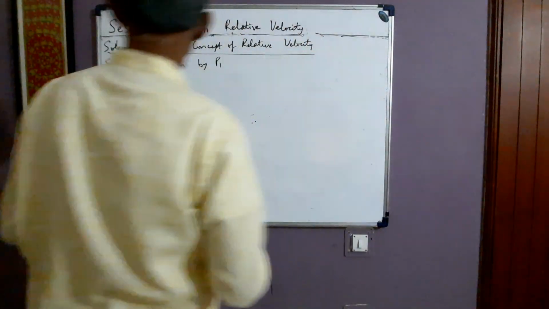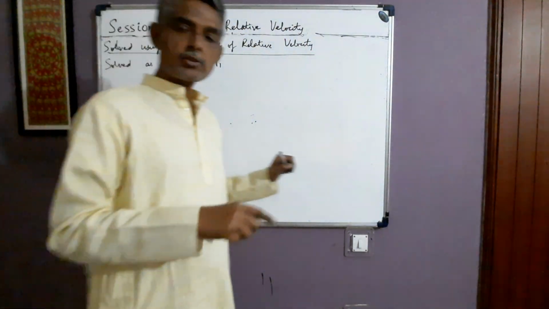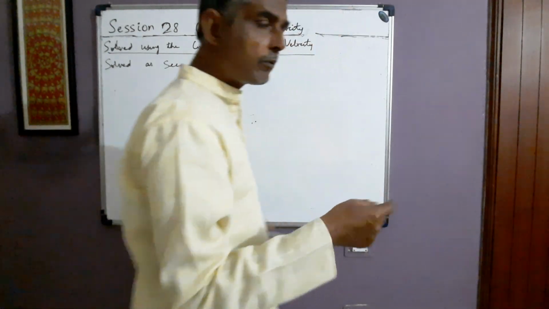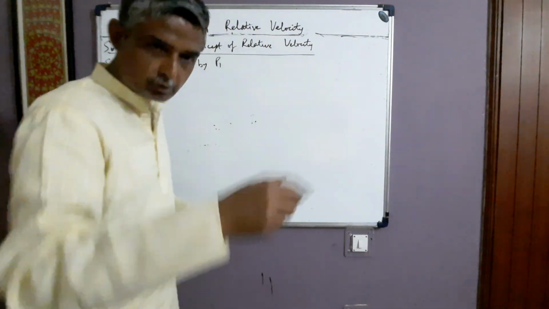Now, the expressions given initially, which are common to all of A, B, C, we'll first use to find the relative acceleration of P2 with respect to P1 in the ground frame.